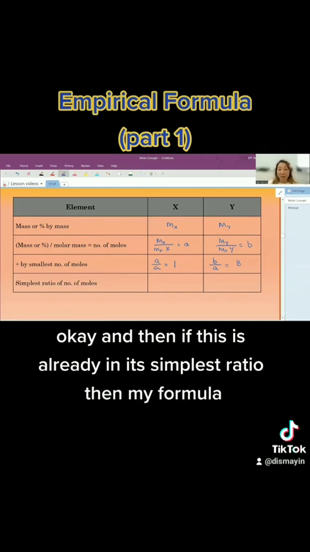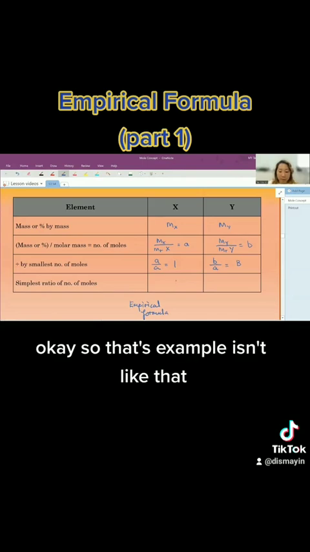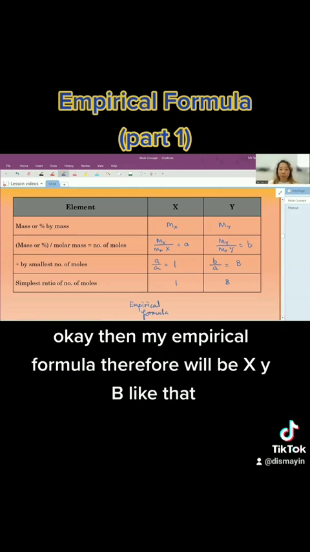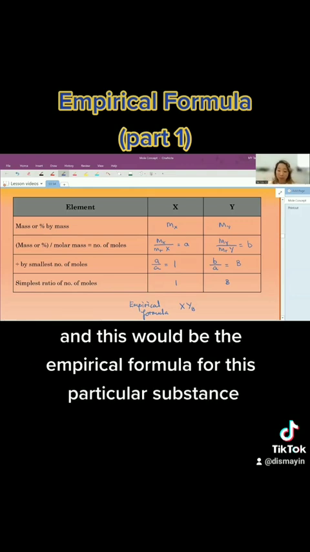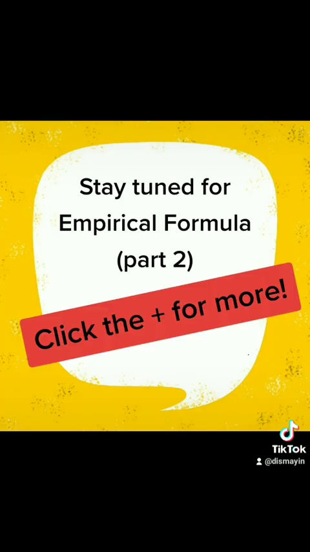Okay, and then if this is already in its simplest ratio, then my empirical formula, okay, so let's example this and here like that. Okay, then my empirical formula therefore will be X, Y, B. Like that. And this would be the empirical formula for this particular substance.